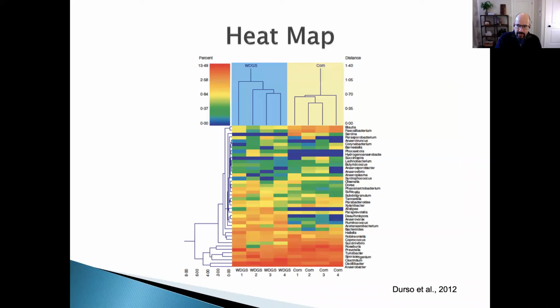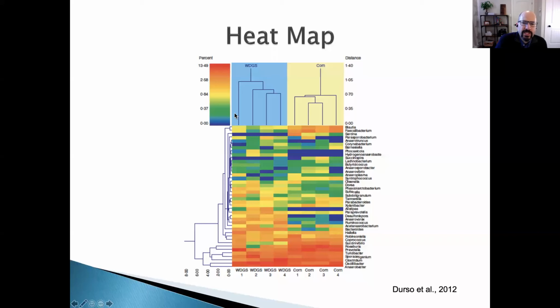The important thing in heat maps is that the first thing you do is search for the legend. Okay, so here you can see that everything in blue has a relative abundance of 0, and everything in red has a much higher relative abundance.